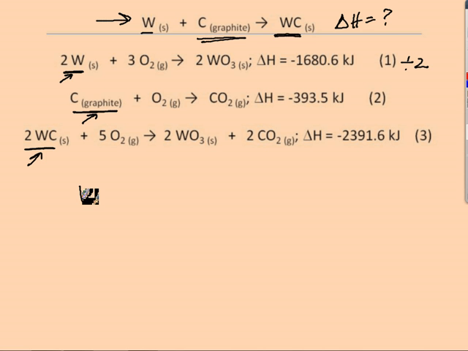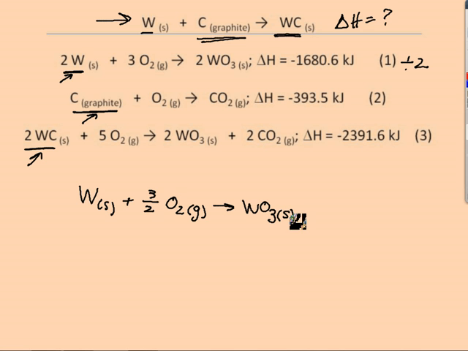So let's take tungsten. Again, it went from 2 moles down to 1. We've got 3 moles of oxygen in our equation, and when I divide it by 2, it's going to give me 3/2 moles of O2. Believe it or not, you probably want to use fractions in these problems. It's going to be a little bit easier for you. And that's going to yield 2 moles of WO3 becoming 1 mole of WO3.